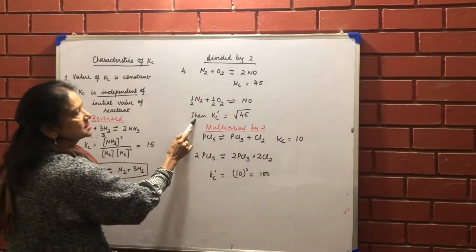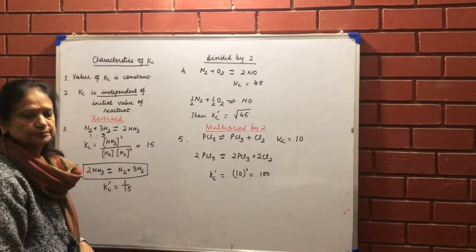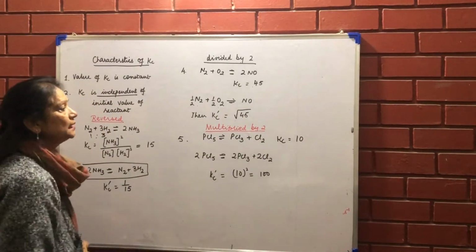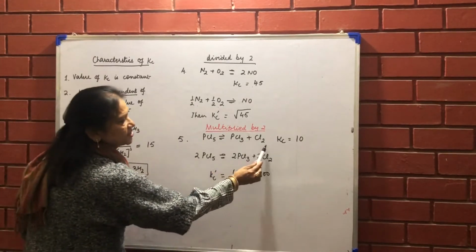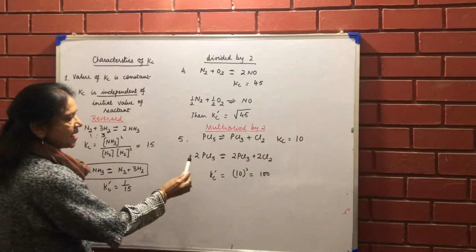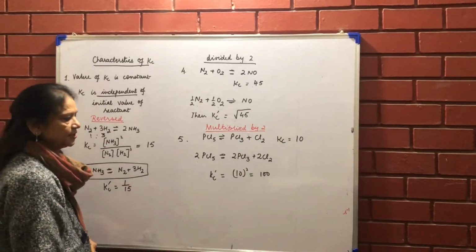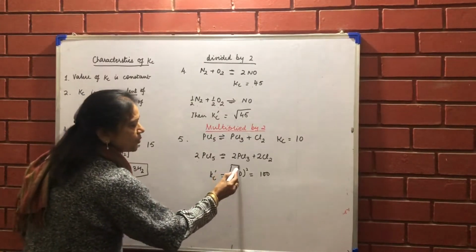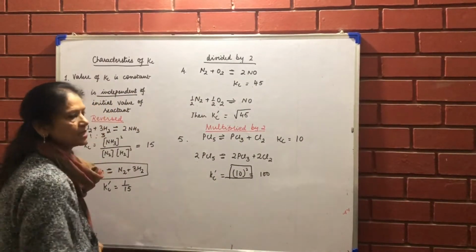In that case, the Kc value will become the square root of the original value. Similarly, if I multiply the equation by 2, say this is the equation initially given to you, the Kc value is 10. And I ask you what is the value if I multiply the entire equation by 2, it will become the square of the initial value. So your value now becomes 100.